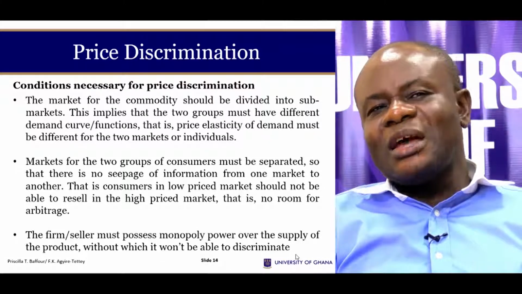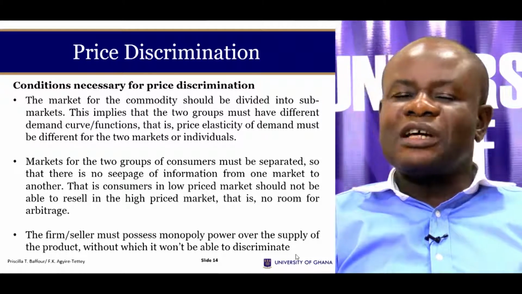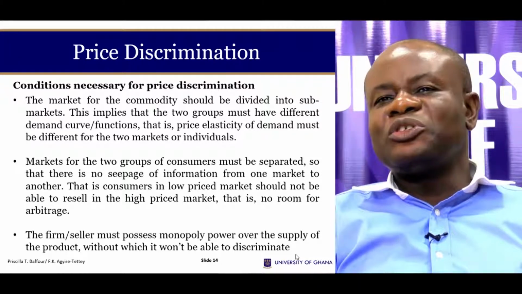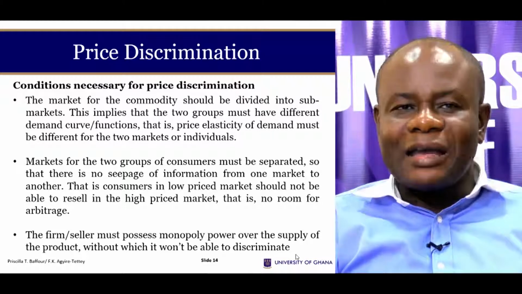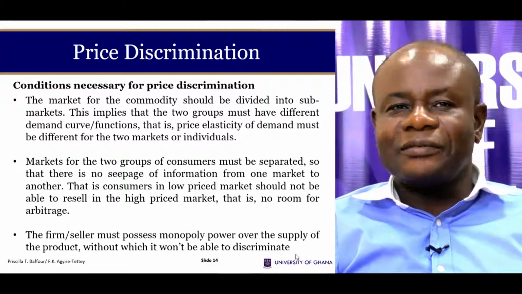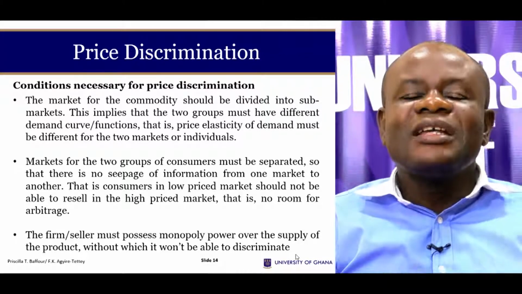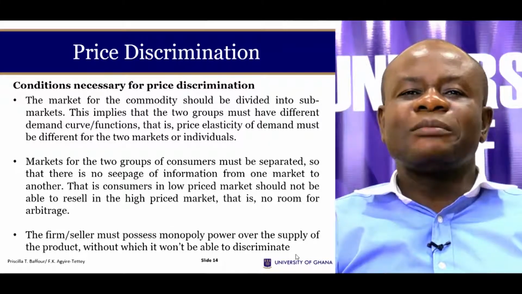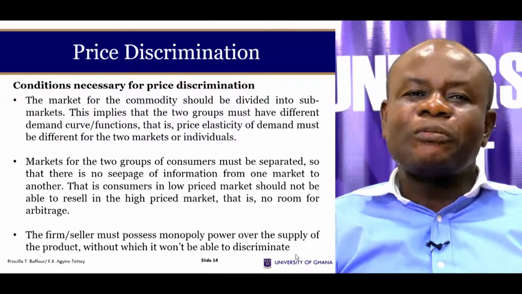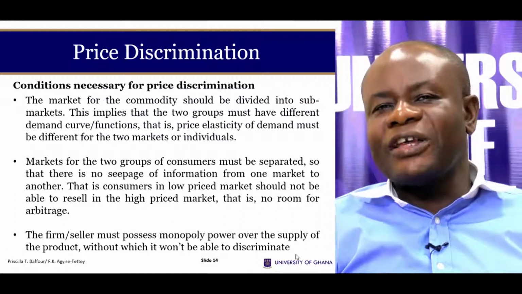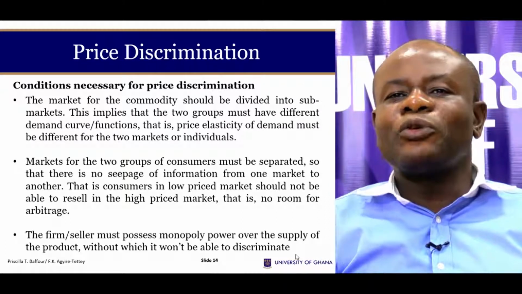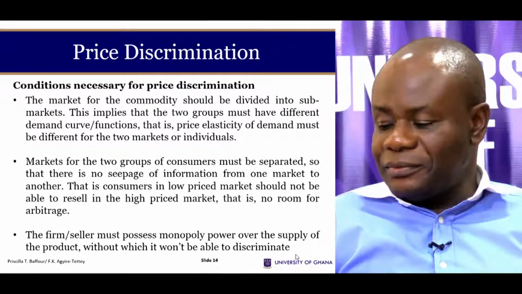Or an individual in the high price market must not be able to tell that the commodity is being sold at a lower price in the low price market. Then the firm must also possess monopoly power. If the firm does not possess some degree of monopoly power, the firm will not be able to discriminate.